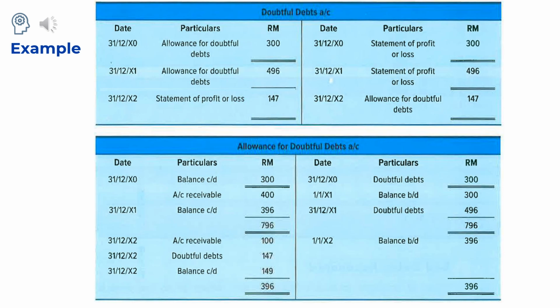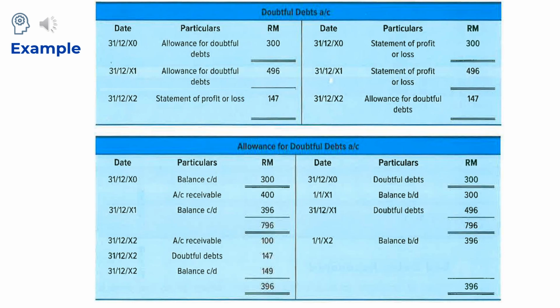So the opening balance BD for the next year should be 300, and then as calculated there is a write-off or bad debt written off for 20x1 of 400, and then the balance CD after calculation for allowance for doubtful debt of 1% should be 396.